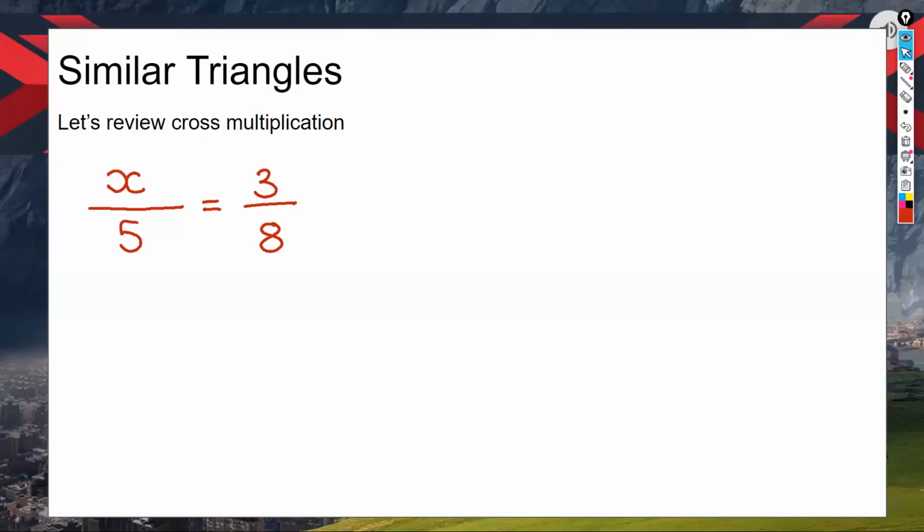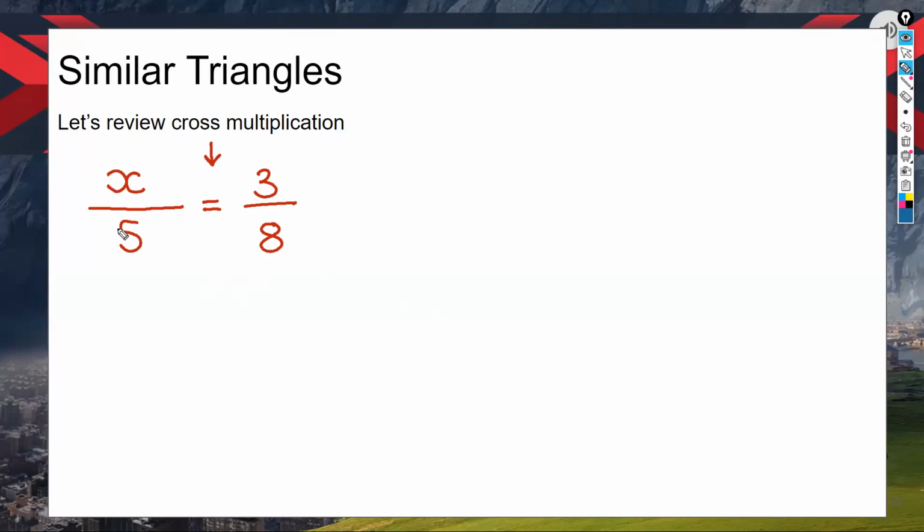Next. So cross multiplication is used whenever you have an equal sign, right? Look here, you have an equal sign. And with that equal sign, you have a fraction on one side and exactly one fraction on the other side. So cross multiplication only works if you have exactly one fraction on either side of the equal sign.